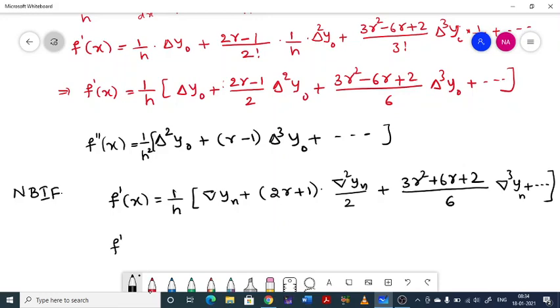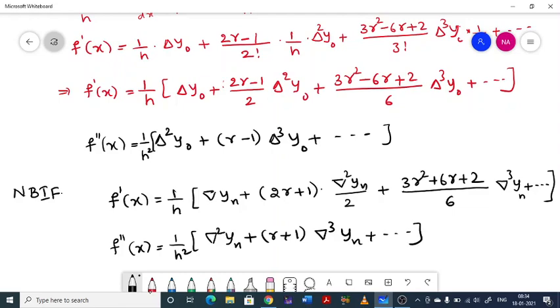Similarly, the second derivative will be f double dash of x equal to 1 by h square times del 2yn plus (r plus 1) into del 3yn plus and so on.